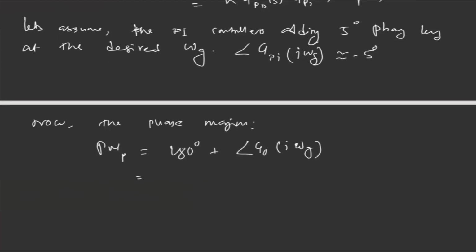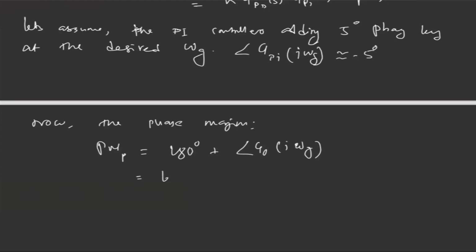Now the phase margin. We can write PM_P equal to 180 degrees plus G naught j omega g. This is how to find the phase margin at the gain crossover frequency.